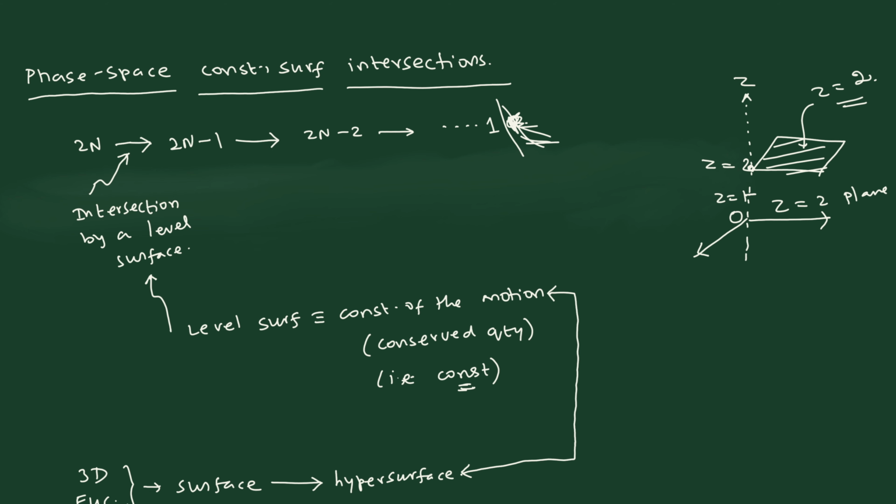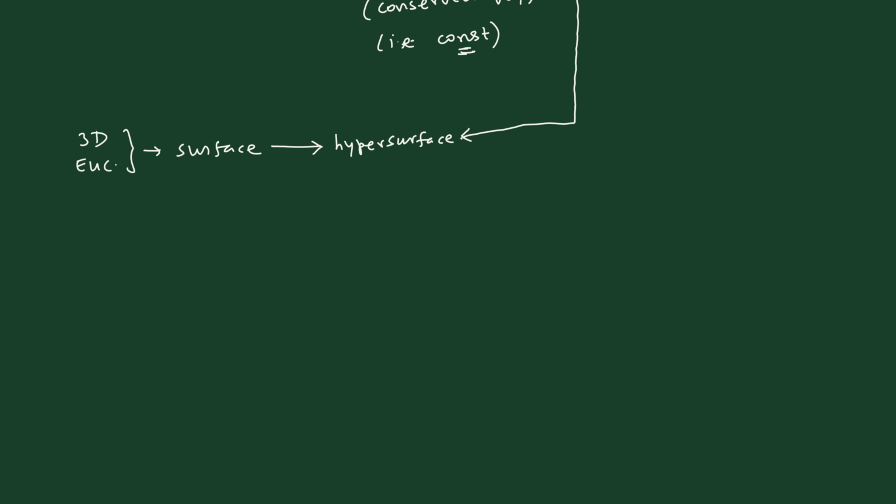Now you can easily tell that in order to achieve finally only one degree of freedom, we will have to discover 2n minus 1 constants of the motion. Constant of the motion means level hypersurface.